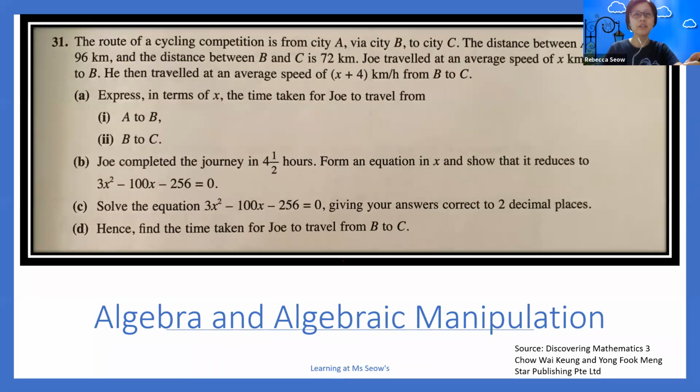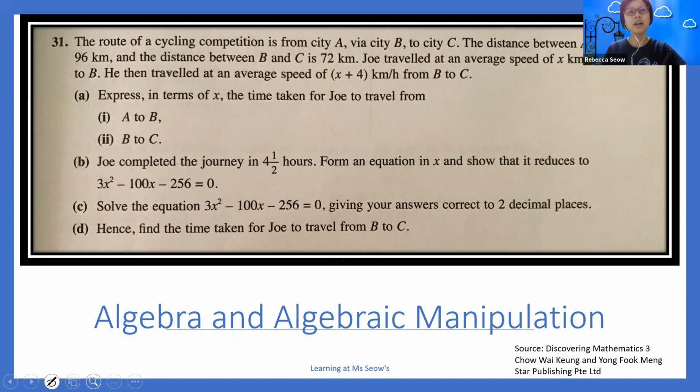C. Solve the equation 3x squared minus 100x minus 256 equals to 0, giving your answers correct to 2 decimal places. And the last question, D. Hence, find the time taken for Joe to travel from B to C.